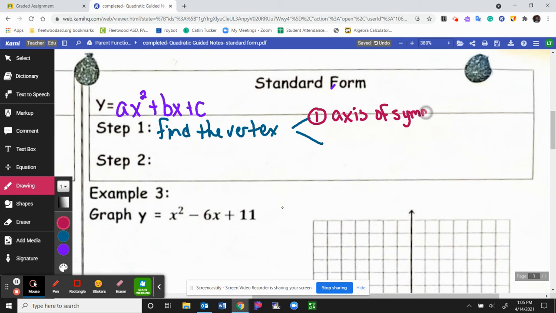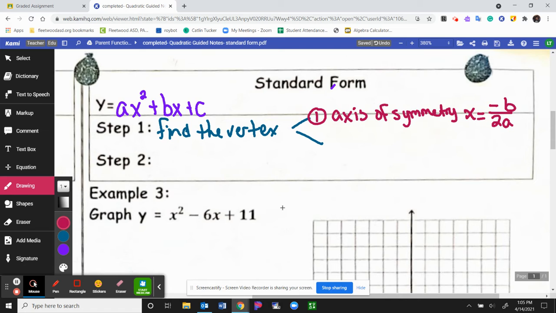And the axis of symmetry, guys, if you go back to when we first talked about all the different parts and pieces to a quadratic, we talked about the axis of symmetry is what goes down the vertex, okay? So we know that this is an equation, x equals, and there's actually a formula here. It's x equals negative b over 2a. Okay, so that's the first part of finding the vertex.